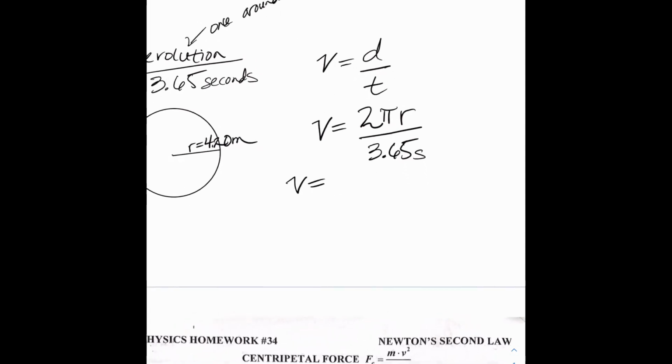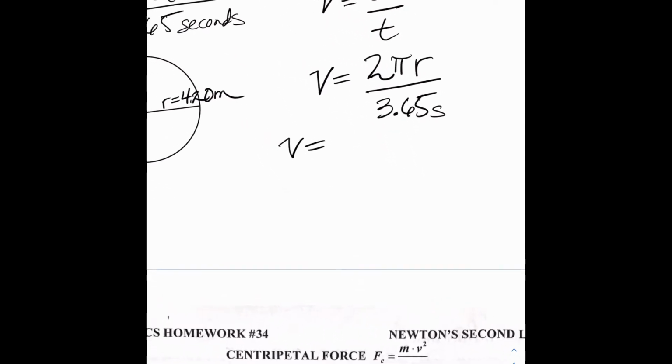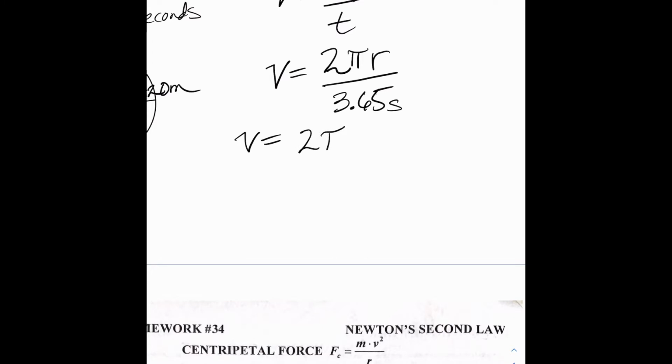Let's go ahead and plug in the radius. And then now we just got to do a little math here. Let me grab my calculator. 2 pi is obviously about 6.28. All right, so on top I'm getting about 26.4.